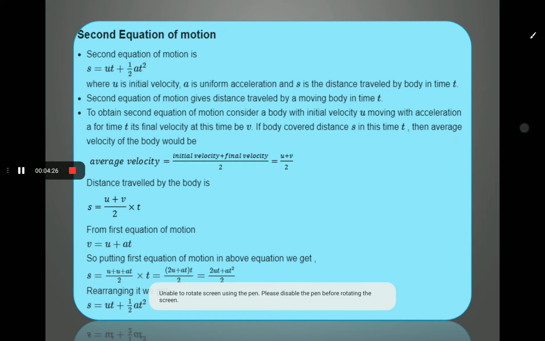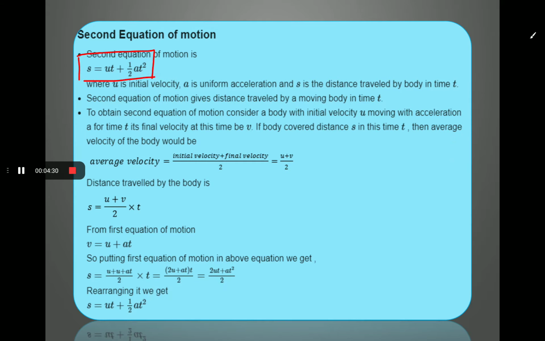Here, the second equation of motion is s is equal to ut plus half at square. Here u is the initial velocity, a is the uniform acceleration, and s is the distance travelled in time t. This equation is used to find the distance travelled by the body moving in time t.